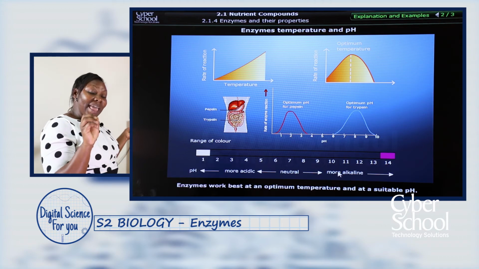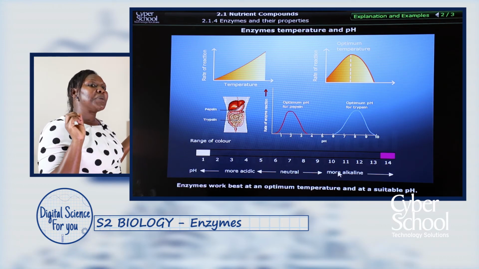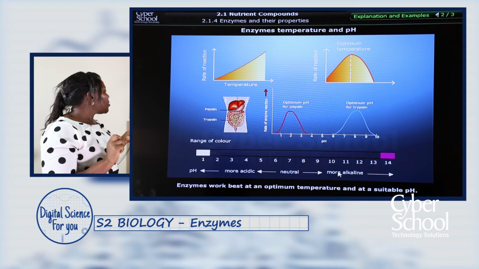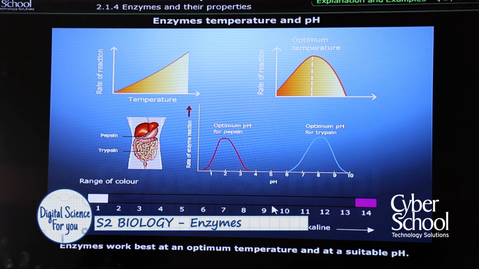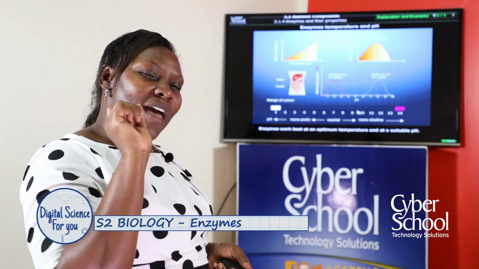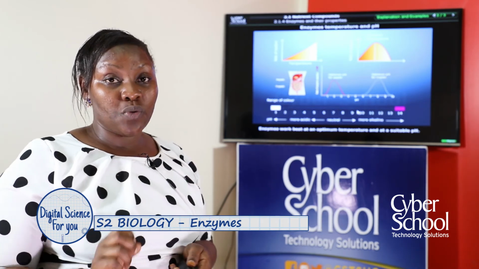Particular enzymes work best at specific pH, their optimum pH. So an enzyme may work at a pH which is acidic, another one may work at a neutral pH, another one alkaline. But if the pH is not optimum for that particular enzyme, then that enzyme is going to be denatured.